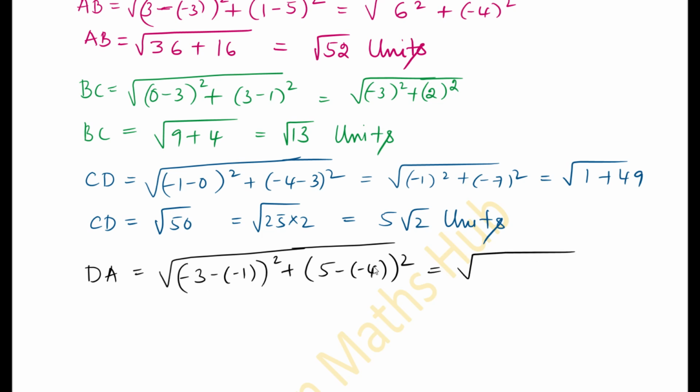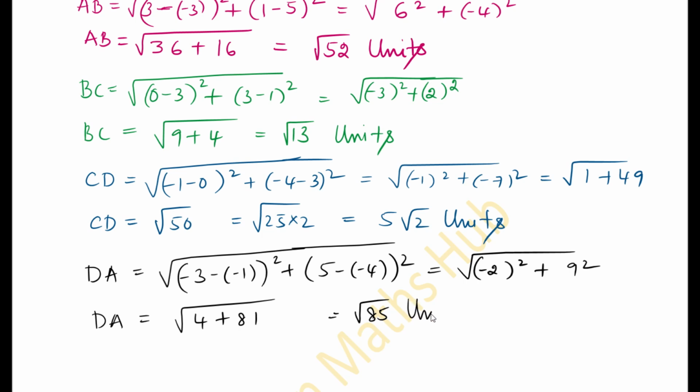Minus into minus plus, minus 3 plus 1 is minus 2 square, plus minus into minus plus, 5 plus 4 is 9 square. DA is equal to square root of minus 2 square is 4, 9 square is 81. What do we get? 4 plus 81 is 85. We cannot simplify, keeping as it is. Therefore DA equals root 85 units.